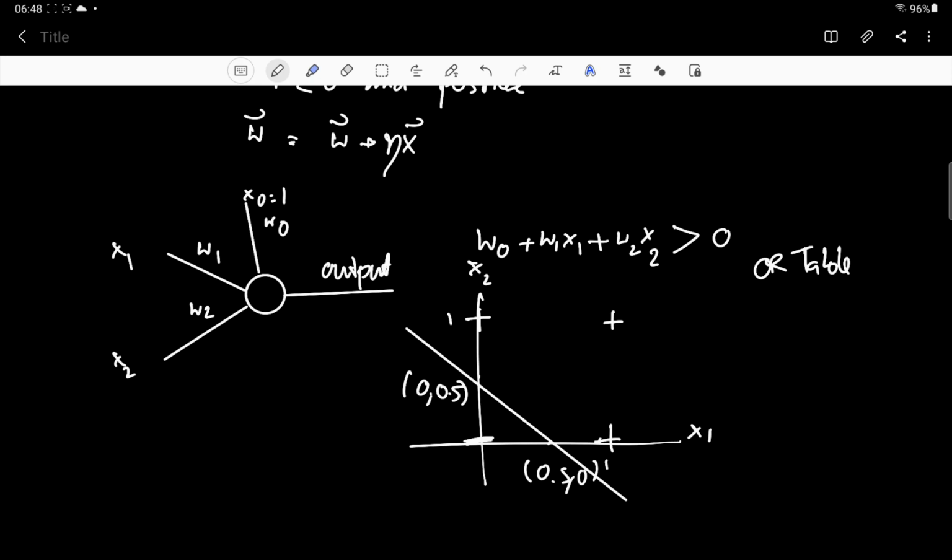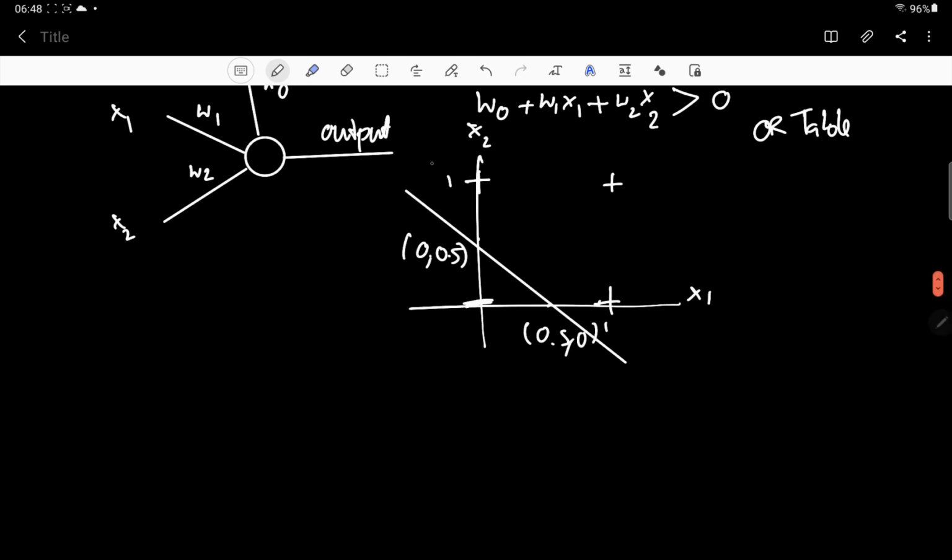But guys, if we would like to find w0, w1, and w2 that can classify this example, we have 4 examples, right? So look at this. We have an infinite number of lines that can classify these examples.